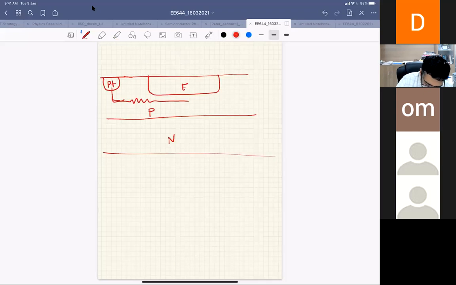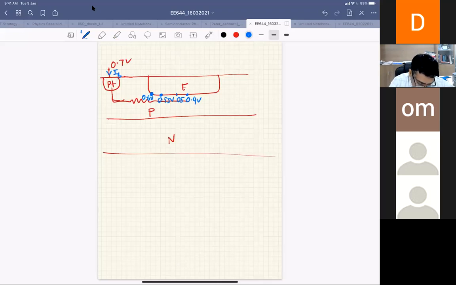If I'm applying 0.7 volt here, there is a drop at every point of 0.7 volt minus IB times RB. So there is a gradient. If I have 0.6 volt here, this point might be 0.55 volt, this point 0.5 volt, this point 0.4 volt. This is how there is a voltage gradient, because of the voltage minus IB times RB, and the current direction is also like this.